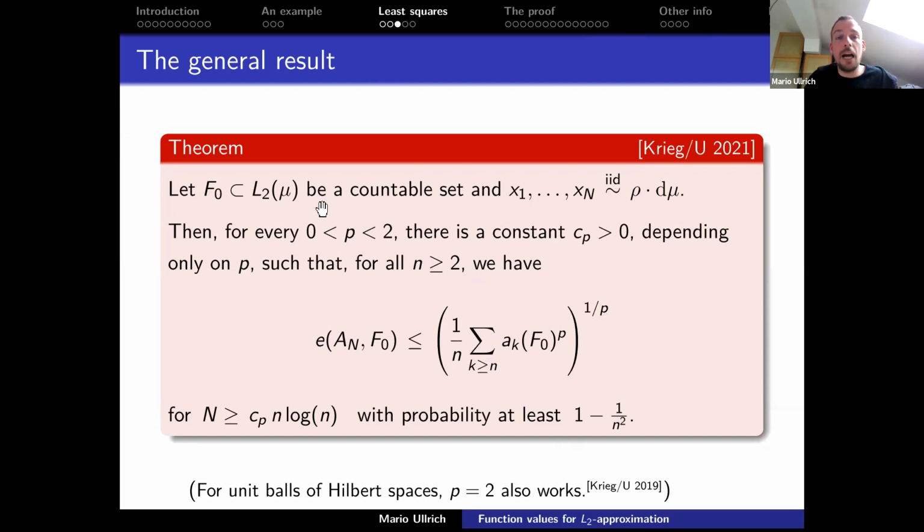So if you take an arbitrary countable subset of L2, and take big N IID points, where N is larger than n log n, so you need some oversampling, then you get the same bound I've mentioned to you without any logarithmic factor.